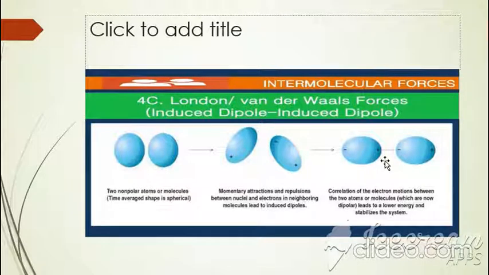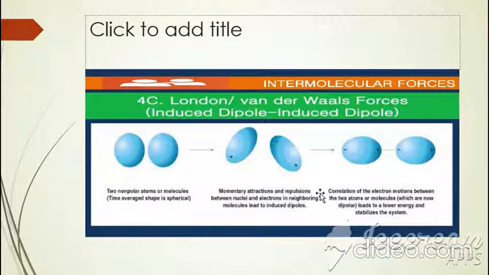And this type of intermolecular force is called the instantaneous dipole-induced dipole forces. There are two dipoles: one is called the instantaneous dipole, the other is called the induced dipole. The forces of attraction present between the instantaneous dipole and the induced dipole are called the London forces, or temporary forces.